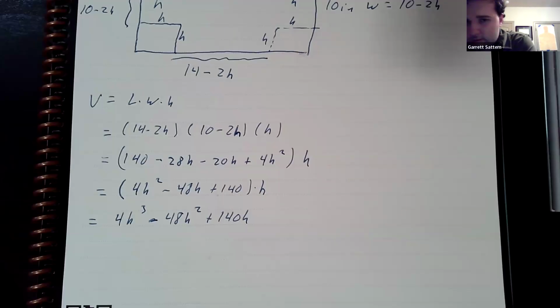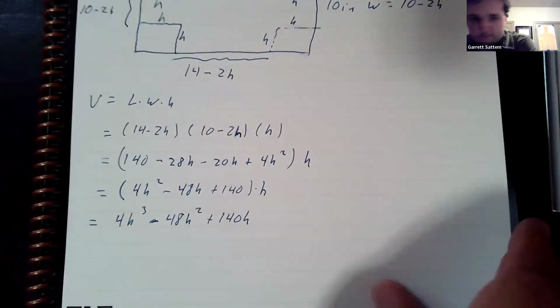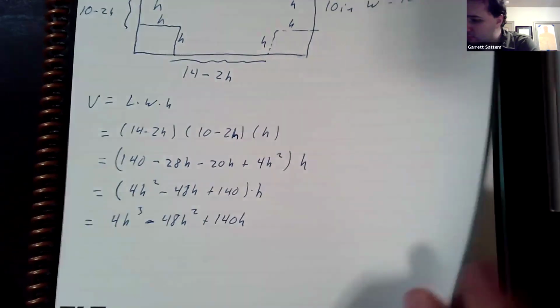I see what I did wrong. Okay, I think we're ready to find the derivative. Now we have the equation, now we have something to find a maximum of, right?